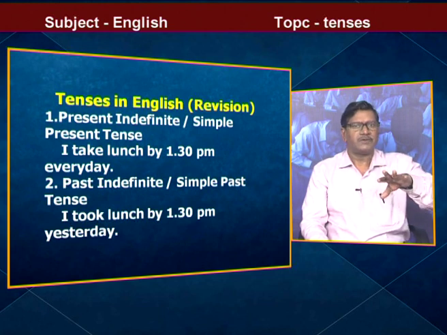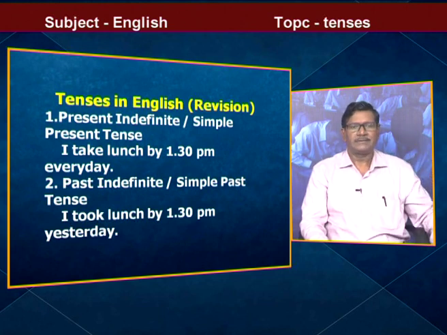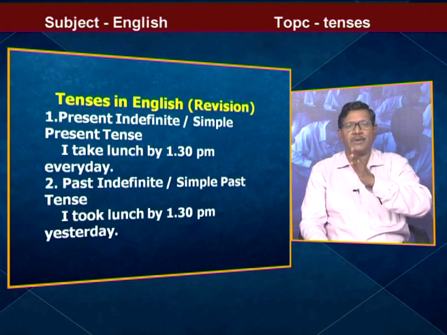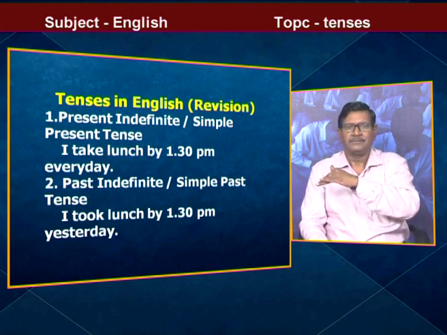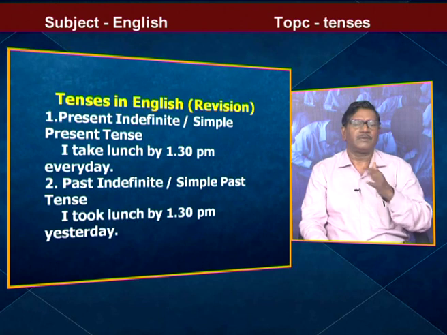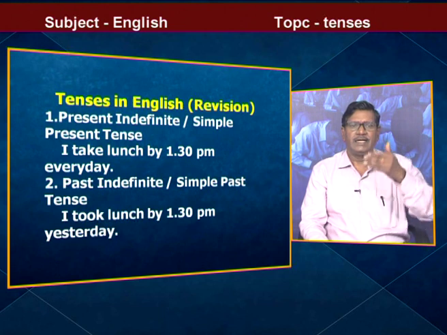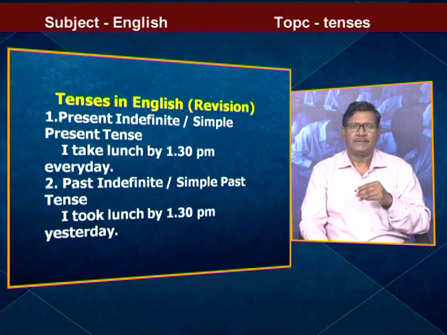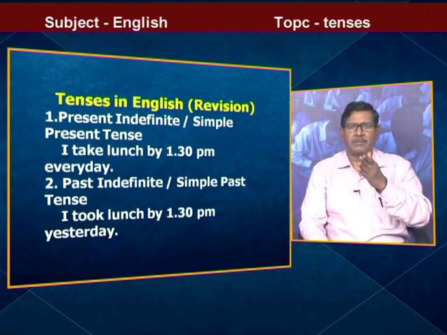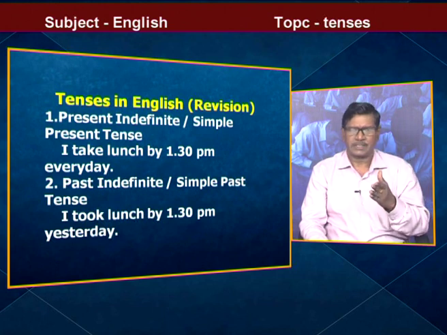So, these three are present indefinite, past indefinite, future indefinite. So, indefinite tenses are three: simple present, simple past, simple future, simple tenses.